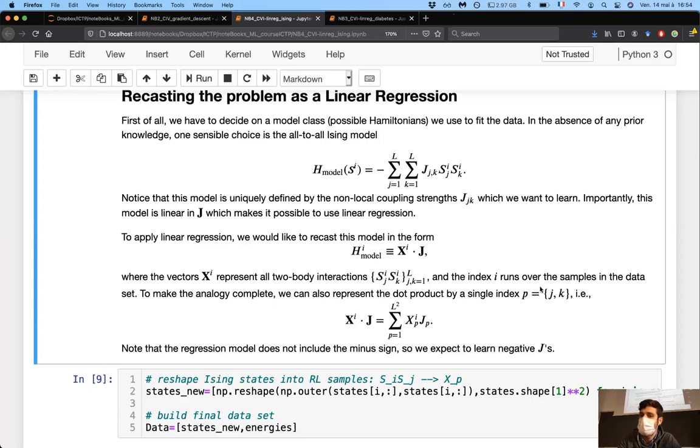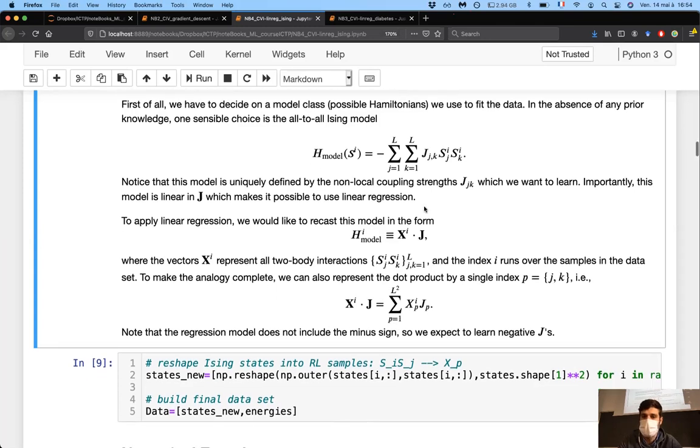And the indices, what I call a multi-index, are a pair of indices of the original matrix. Is it clear? Okay. So we just rewrote our energy function in this linear form. And now p goes from 1 to L squared, which is the total number of elements in the original matrix, which is now a vector.